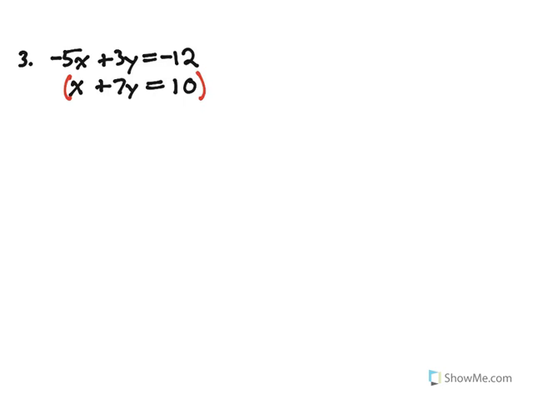So I'm just going to stick with that and multiply everything by a positive 5, because the other equation has a negative x in it, so we don't have to worry about the signs. So when you do that, the first equation stays the same.